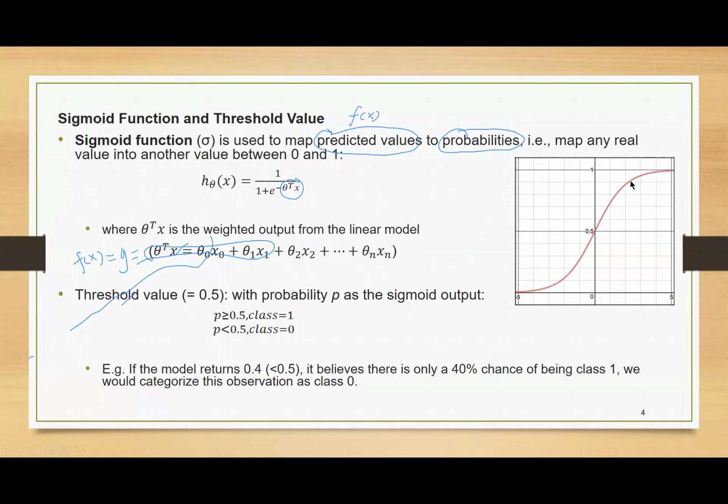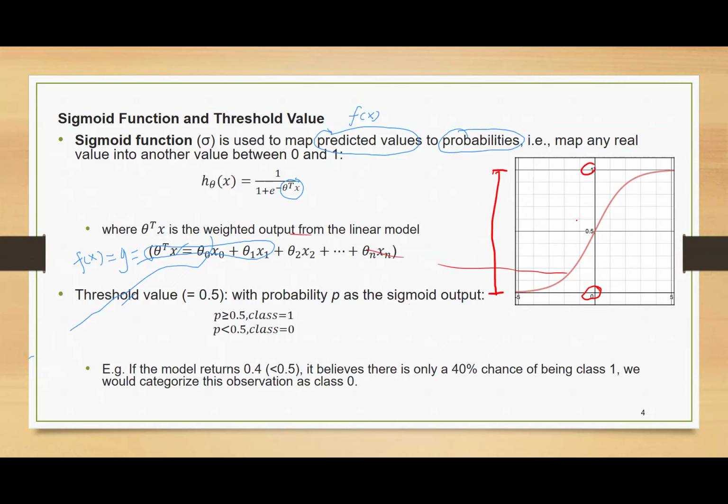Here is the plot of this sigmoid function. The point here is 0, the origin is here. It maps the value from here to here, so here's 1, here's 0.